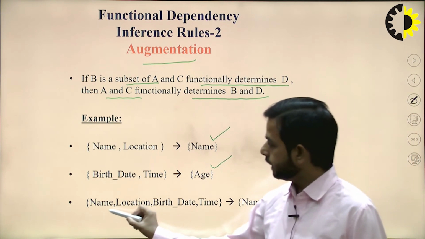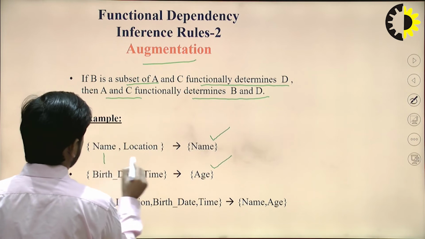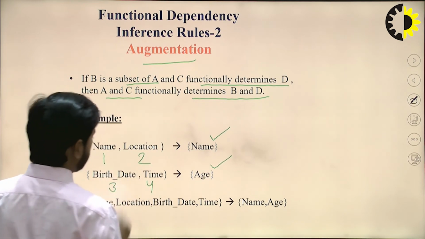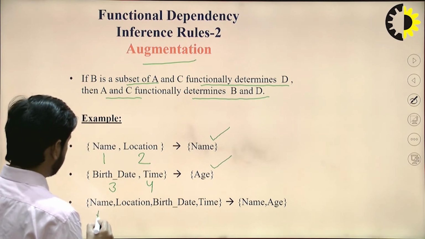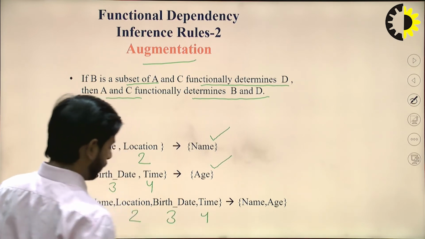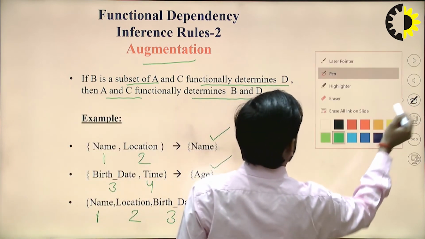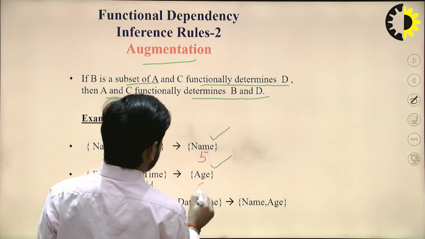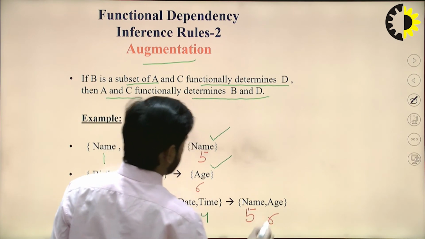Then suppose this is attribute 1, attribute 2, attribute 3 and attribute 4. If we combine these 4 attributes, with the help of these 4 attributes I can determine, suppose, attribute 5 and 6.